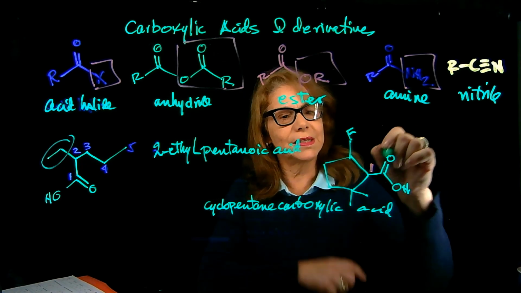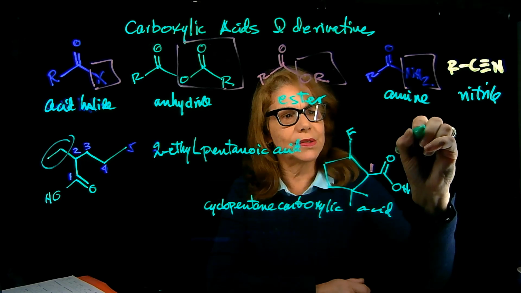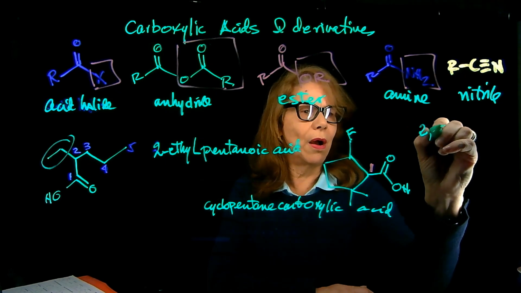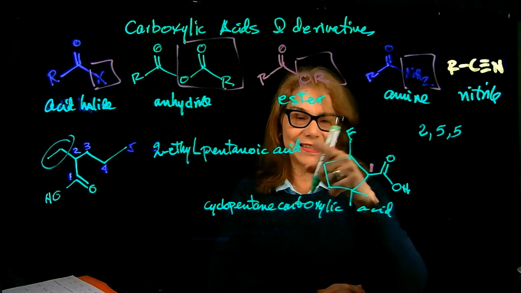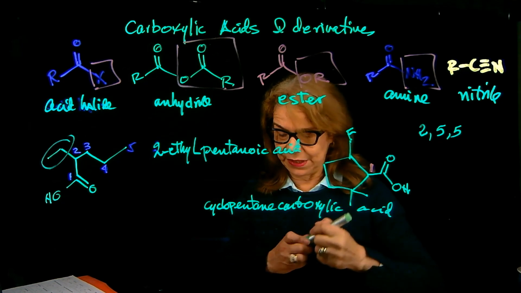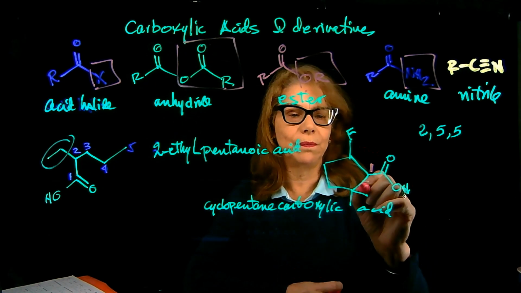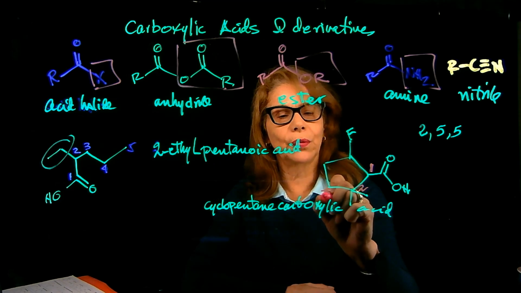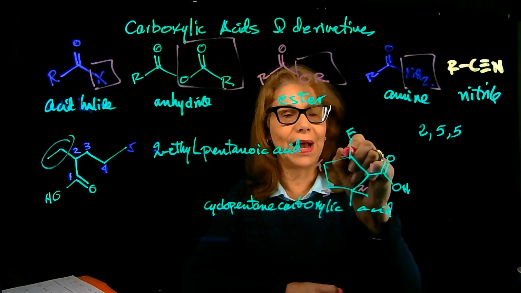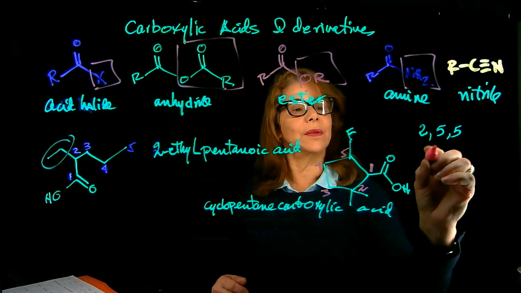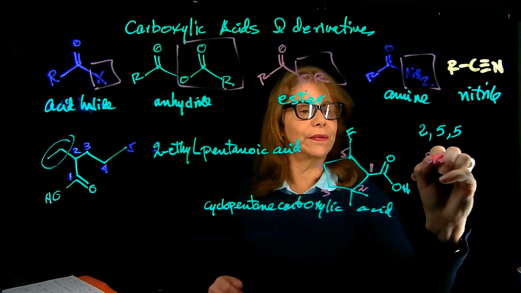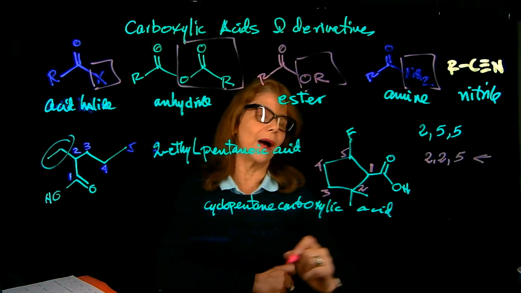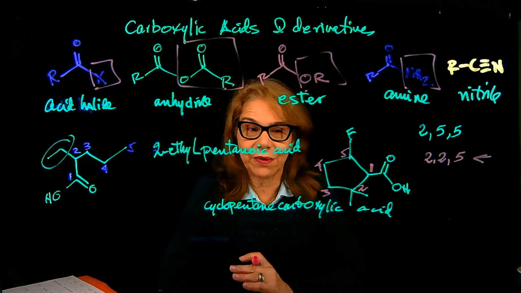If this is the case, the substituents will be in 2, and you say 2, 3, 4, 5. 2, 5, 5 if I use that. But the correct numbering is actually this one, because when you do this 2, 3, 4, and 5, now the substituents are going to be 2, 2, because I have 2 methyls there, and 5. So this is the correct numbering.